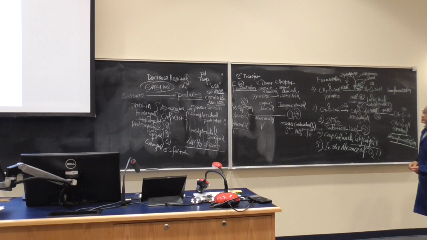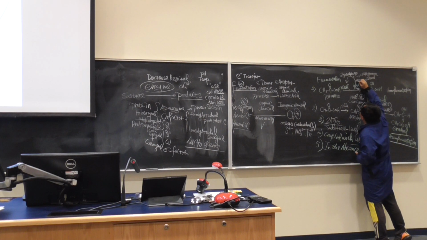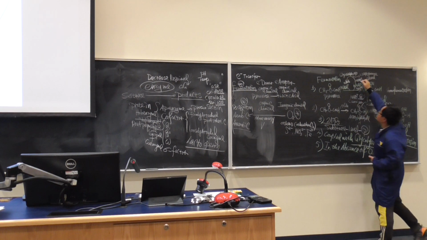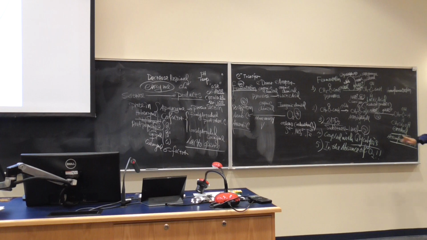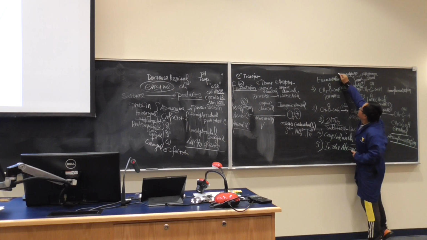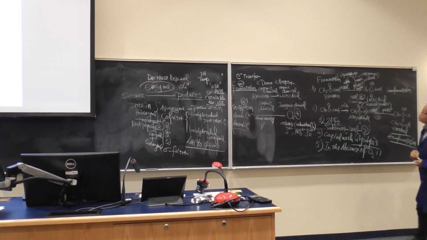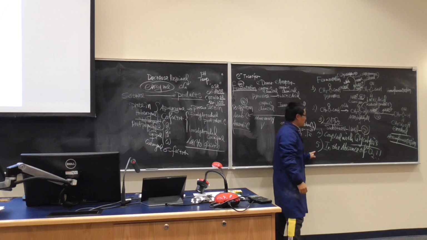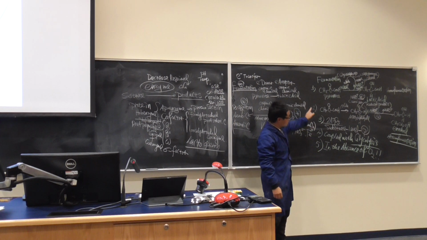This is back, NAD+ reduced to NADH. This is a cycle you needed. That's why it is coupled right there. So this is some of the things you need to know in this class.